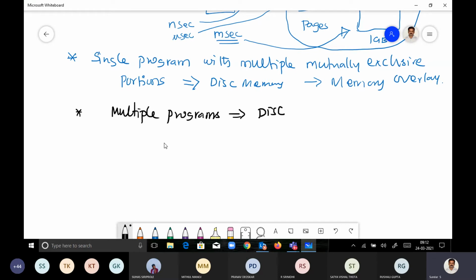Now let us bring that law here. If the number of transistors or digital components is doubled in the IC, it indirectly means the number of pins increases. So over a period of time, the CPU capacity increases, and the number of transistors in the CPU increases.